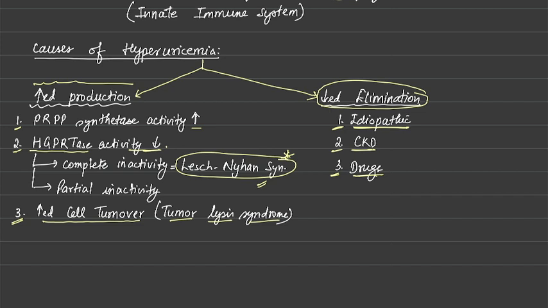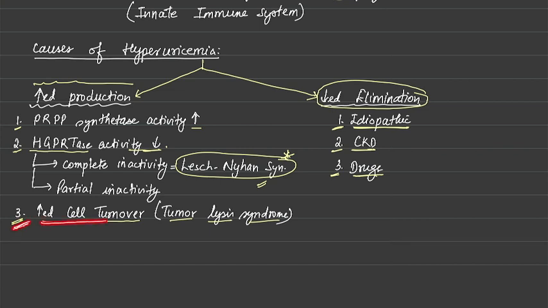For increased production, two enzymes: PRPP synthetase activity will increase or HGPRTase activity will decrease. Complete inactivity of HGPRTase will cause Lesch-Nyhan syndrome, which is characterized by hyperuricemia, CNS abnormalities, behavioral abnormalities, self-mutilation. If there is partial inactivity, there will be Lesch-Nyhan-like syndrome, but there will be no CNS abnormality. There will be only hyperuricemia, right?